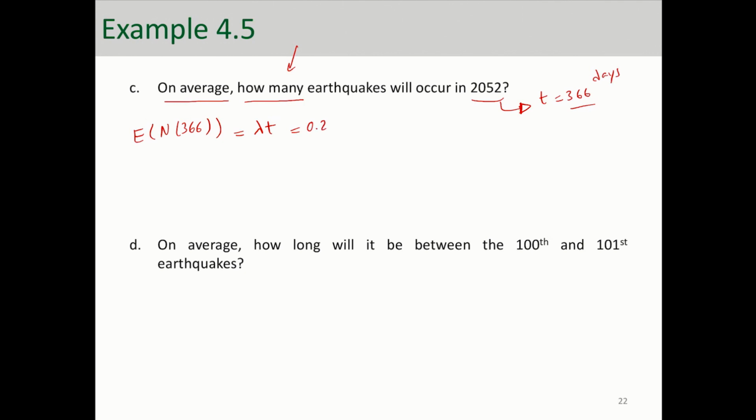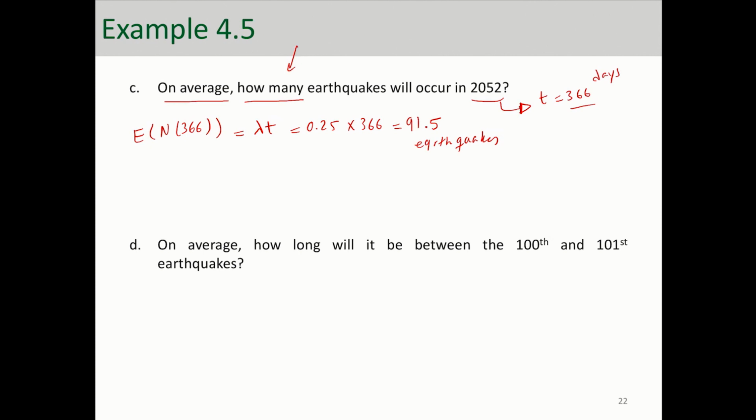So 0.25 times 366 days will give you 91.5 earthquakes. So on average, we're going to see 91.5 earthquakes in a leap year.